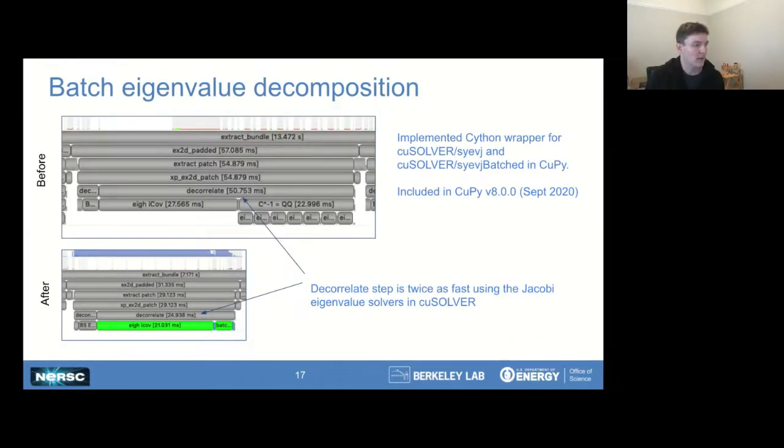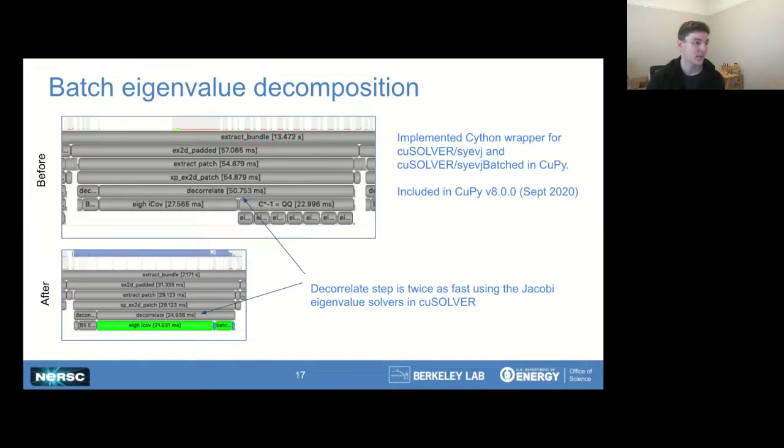After identifying this bottleneck doing eigenvalue decompositions, we were able to improve the runtime by implementing Cython wrappers for a batched eigenvalue solver in the cuSolver C++ library, and we were able to contribute these back to the open source library CuPy.